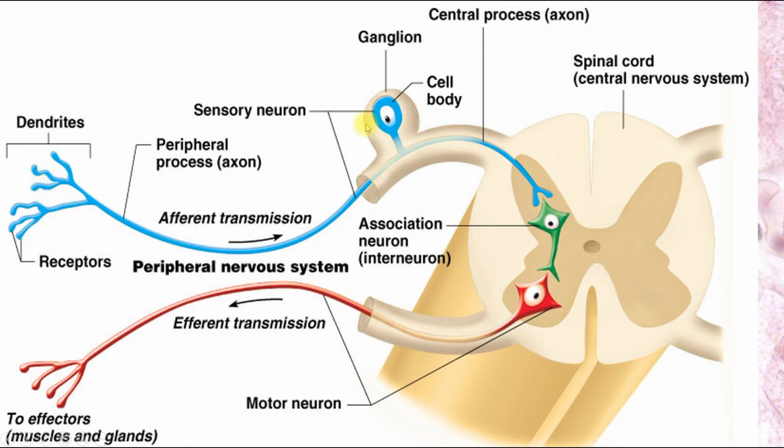It includes sensory neuron, it includes interneuron, which may be absent, and it includes motor neuron. Some reflex arcs contain only two neurons. For example, the reflex arc of knee reflex contains only sensory neuron and motor neuron, and interneurons are absent, and this information is conducted directly from sensory neuron to motor neuron.